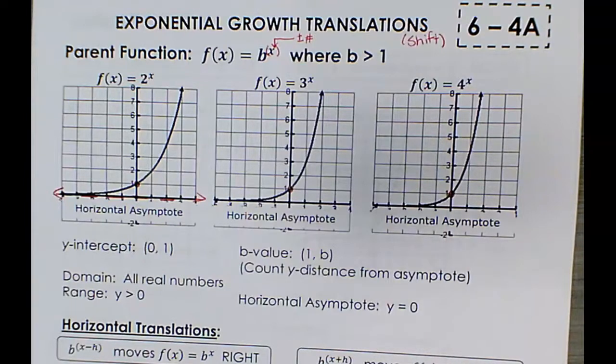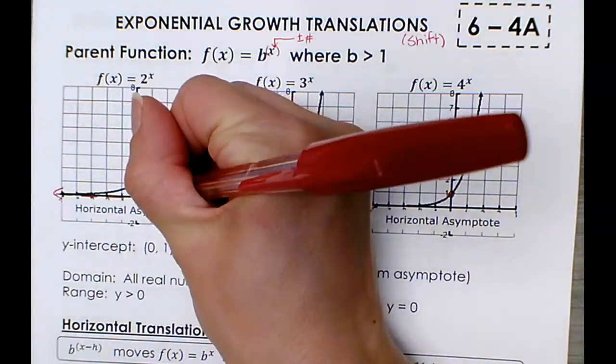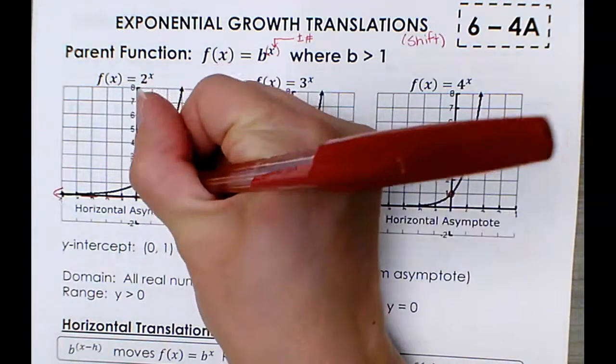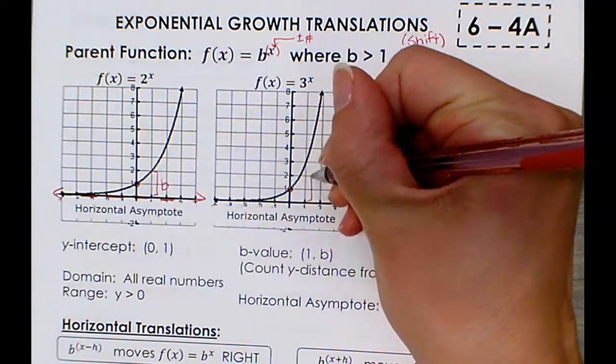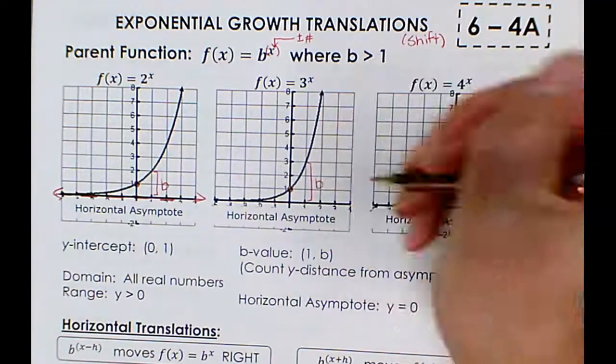The b value can be identified by going over 1 and figuring out how many you go up. So this distance right here, that's the b value.